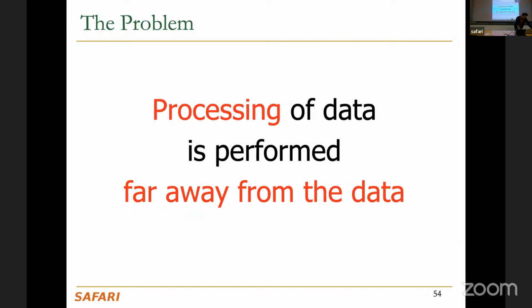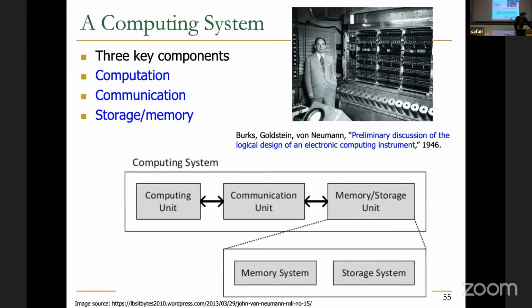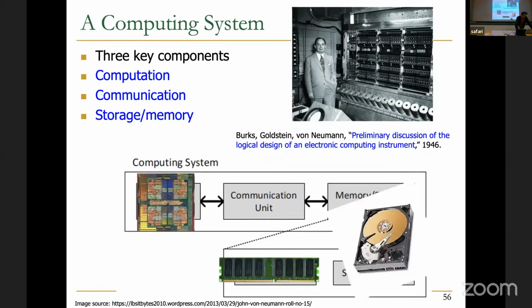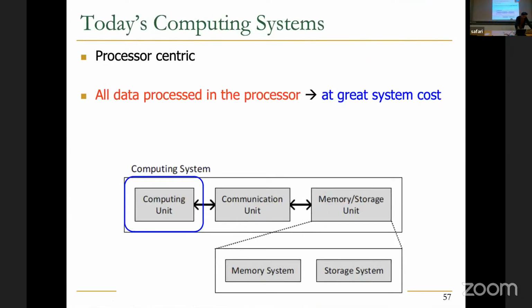So this happens because processing of data is performed far away from the data. Remember, in the von Neumann model, computing is done on the left-hand side, while data is stored in memory and in storage on the right-hand side.